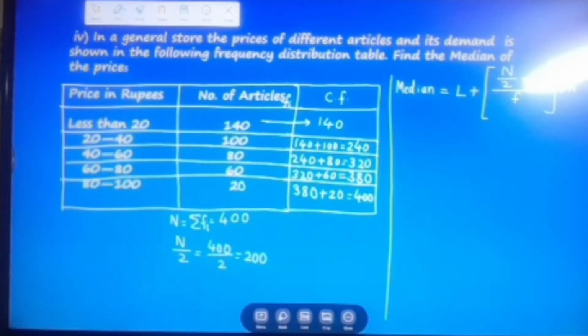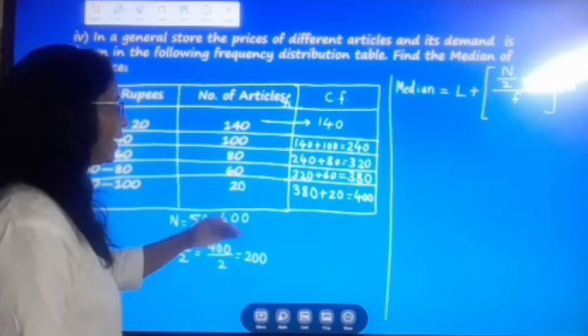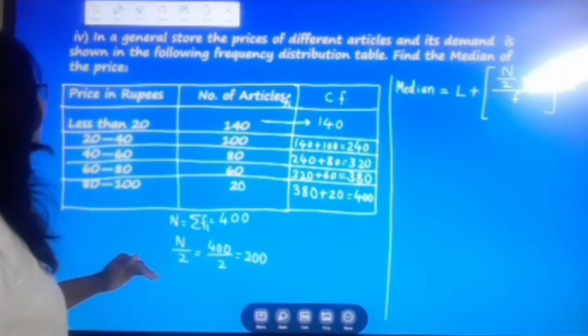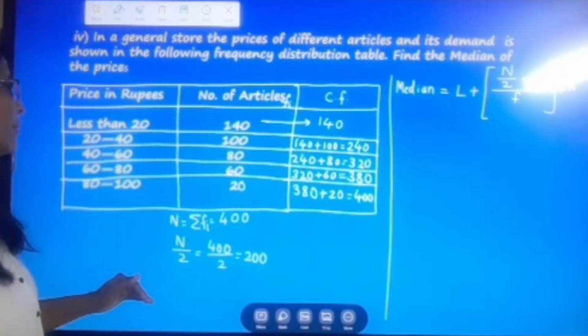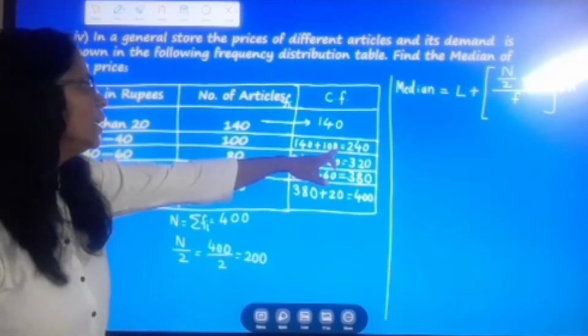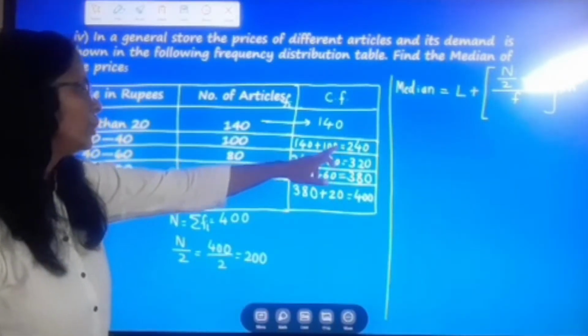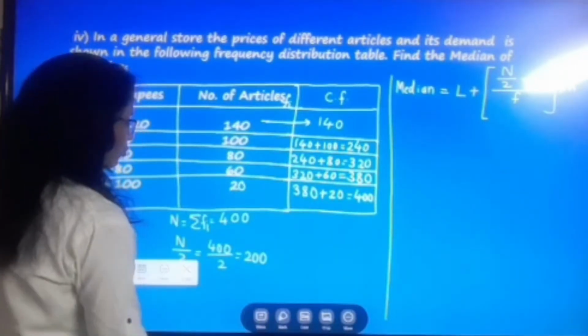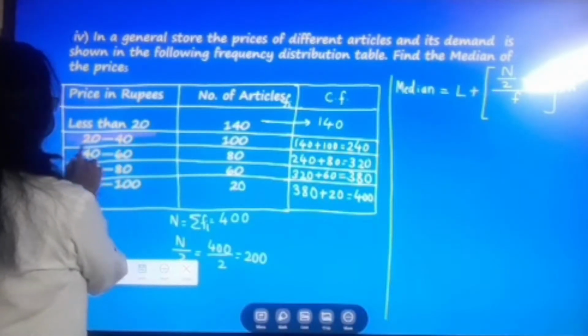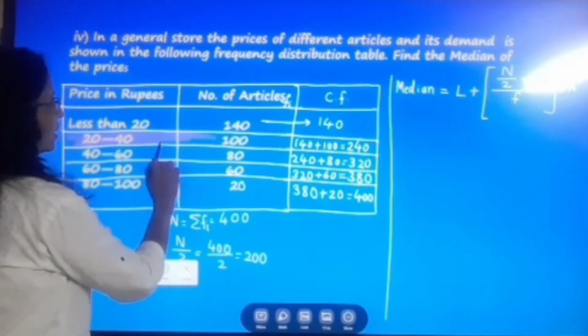Where does this 200 come? It comes in this column, this 240. See here students, it comes over this box.